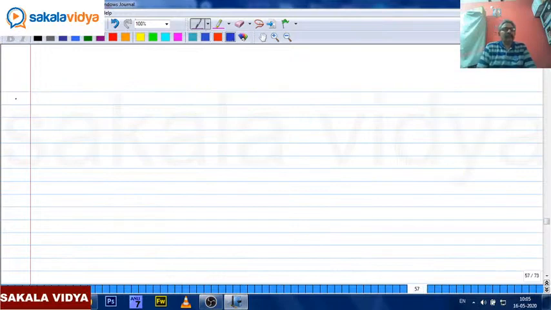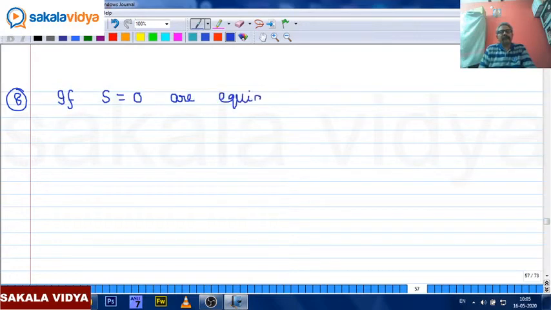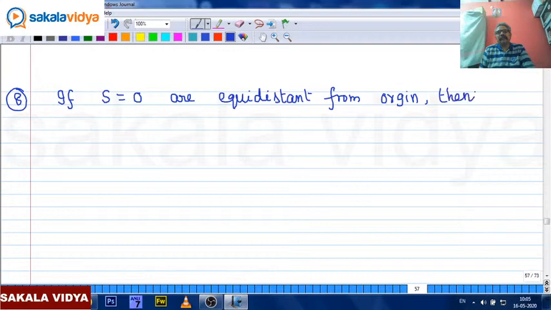Eighth concept: if S is equal to 0 represents two lines equidistant from the origin, then what is the condition?